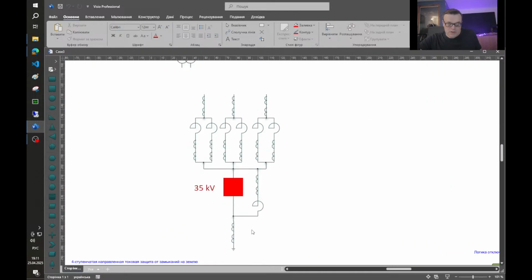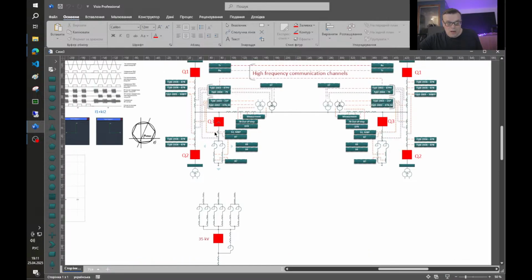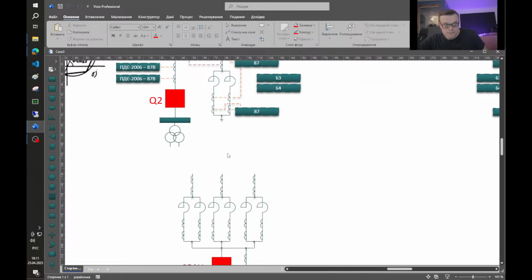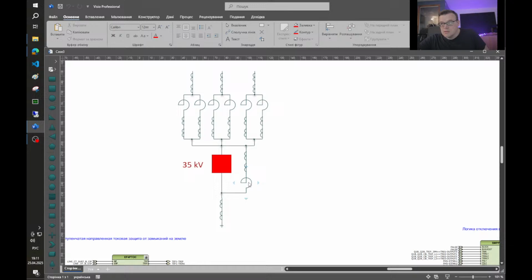Modern designs for longer lines usually have this neutral reactor that is usually shunted by this low voltage circuit breaker. Usually its rated voltage is 35 kilovolt. Usually the power of a single phase of the shunt reactor is about 110 MVA, and this reactor is around 16 MVA.